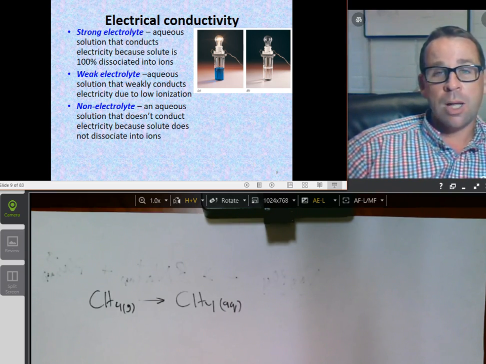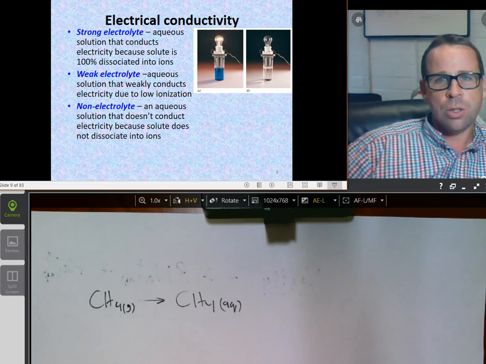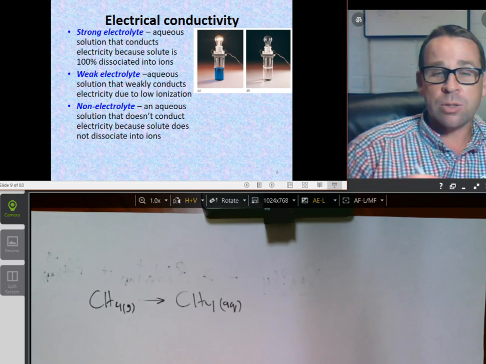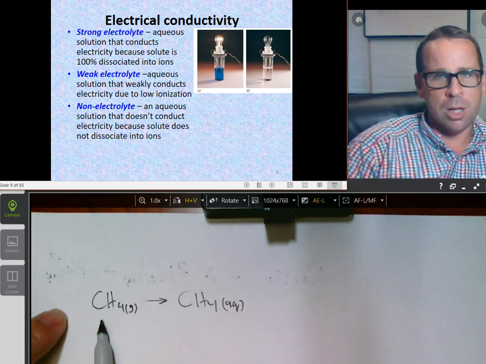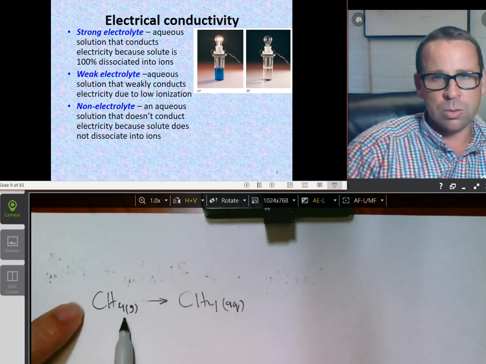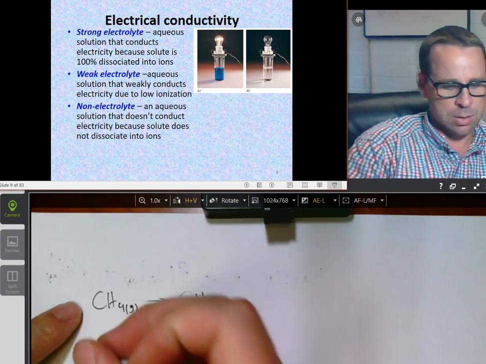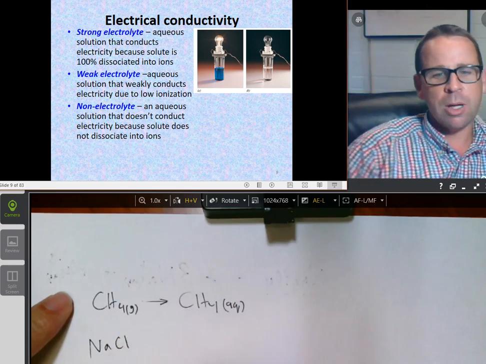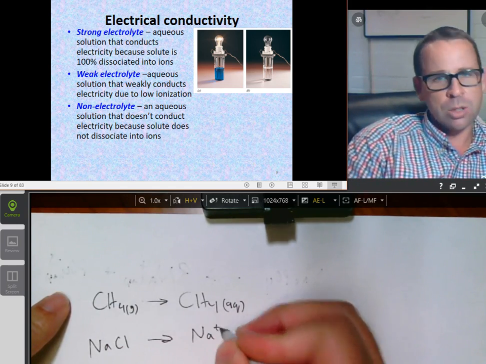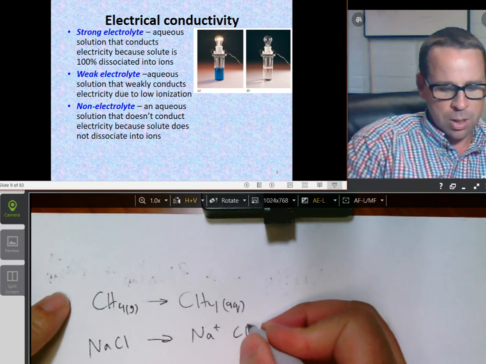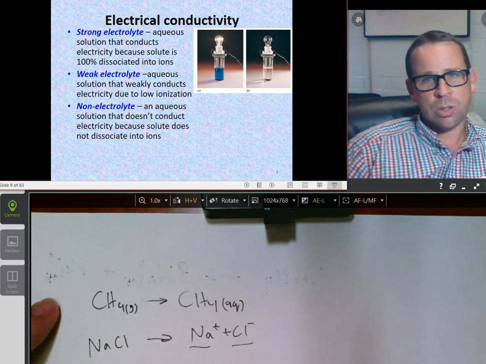A strong electrolyte means that you put the salt into the solution and it completely dissociates. A weak electrolyte means it only dissociates a little bit, and a non-electrolyte is a compound you put into water and it dissolves but doesn't dissociate. There's no ions. This would be an example of a strong electrolyte. You put that into solution, sodium chloride, and you get sodium ions and chloride ions. Complete dissociation. That's how you know it's a strong electrolyte.